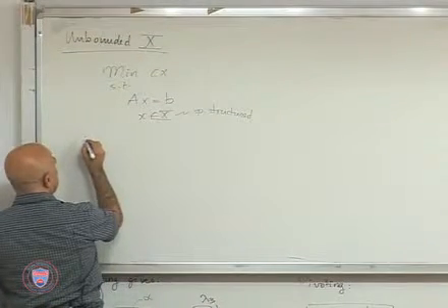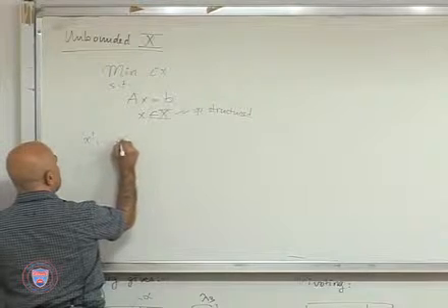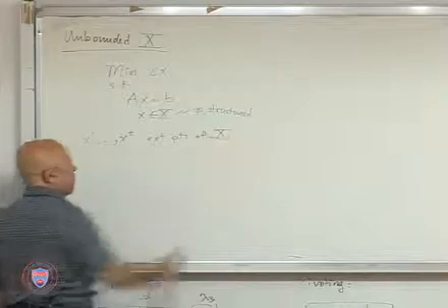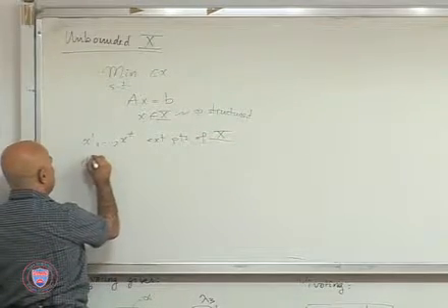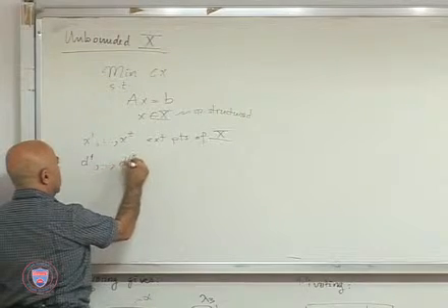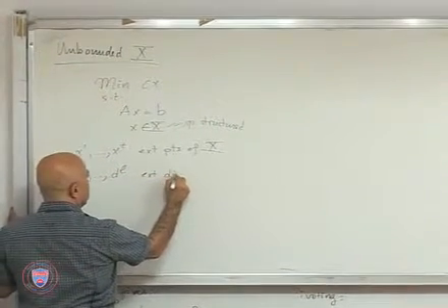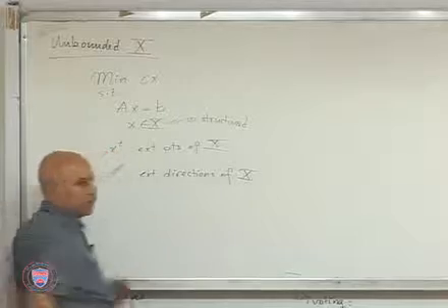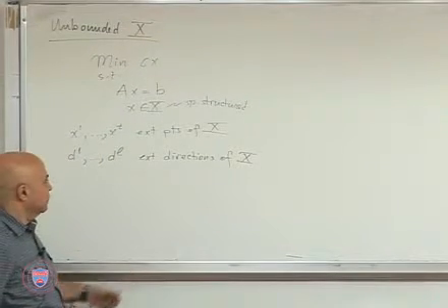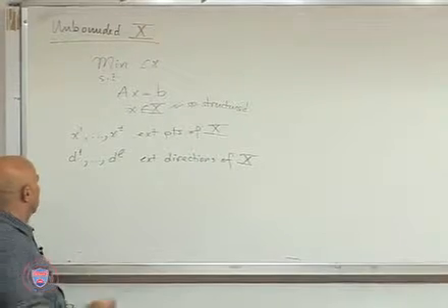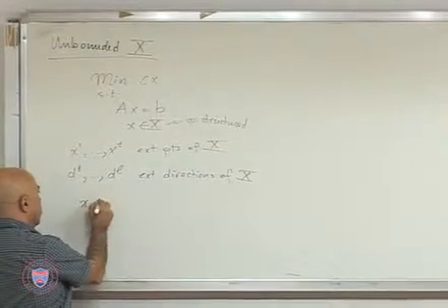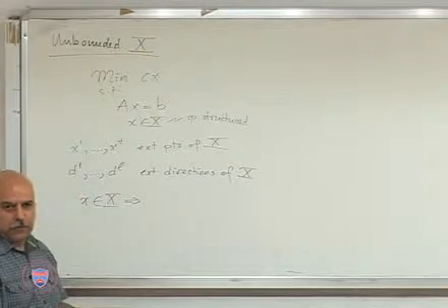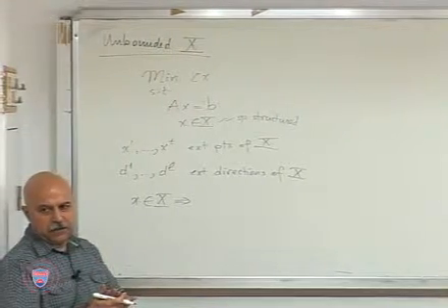So we assume x1 through xt are the extreme points of X. And let's just assume d1 through, say, dl are the extreme directions of X. So now you also have directions. So you can represent any x in X as a convex combination of the extreme points plus a non-negative combination of the extreme directions.